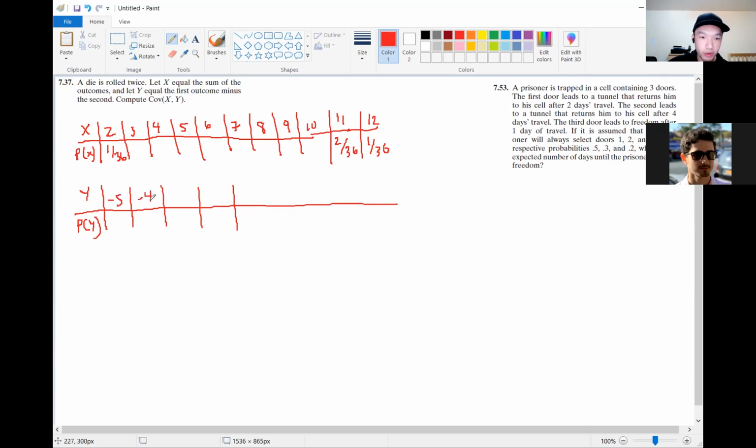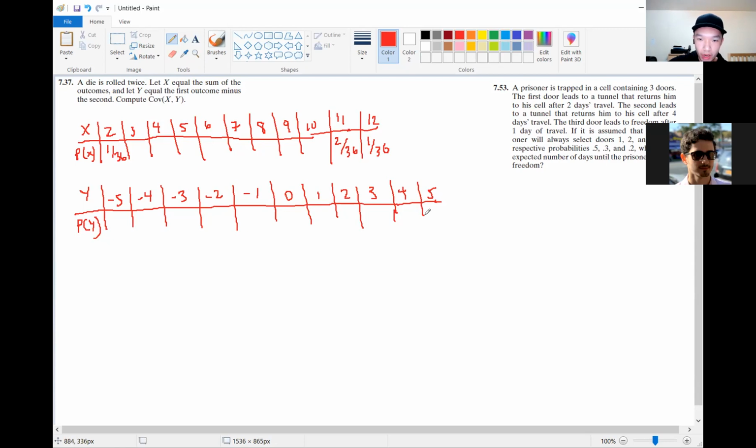You can get -4, -3, -2, -1, or you can get two of the same values, 1, 2, 3, 4, 5. Okay, so you would fill out this chart too for the probabilities.